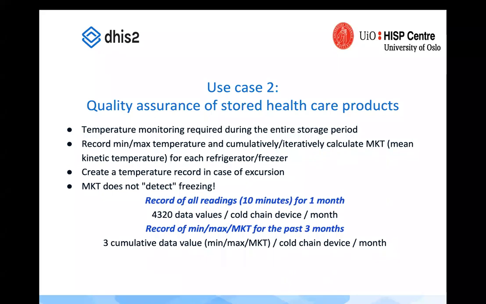So one of the workarounds to consolidate all this data is to calculate the mean kinetic temperature on a daily basis, which basically represents the potential damage done to the vaccine in a single number, and store the daily mean kinetic temperatures on the central server. Next slide, please.